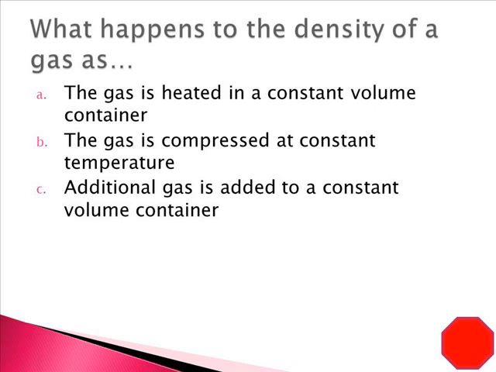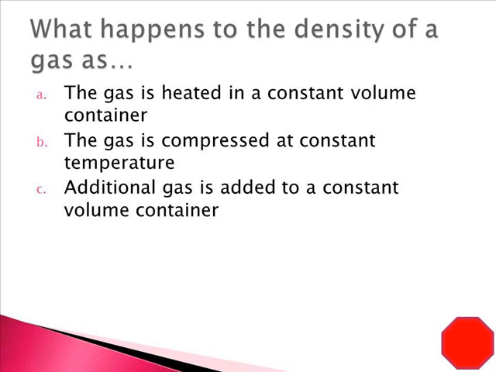For part B, if we compress it, we're reducing the volume. Same number of moles, same grams, in a smaller volume. So if we think about the equation, mass over volume, if we make the denominator smaller, that means the density is getting bigger. Think of 3/4 versus 3/2. The smaller denominator is actually a bigger value.